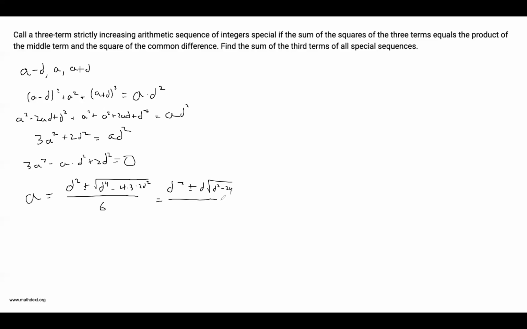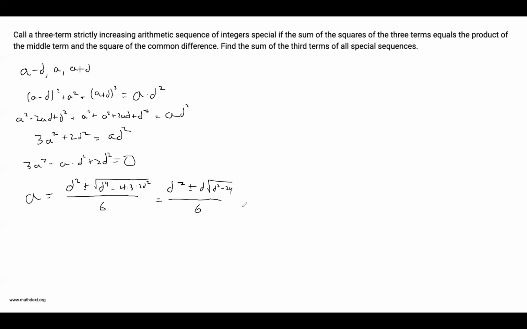And notice that we can only factor a d out of the square root because we are given that the arithmetic sequence is strictly increasing. Since d is the common difference, that means d is positive, right? So a is equal to d squared plus or minus d root d squared minus 24, all over 6.